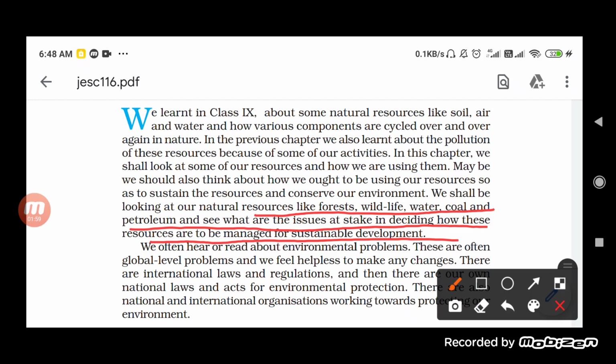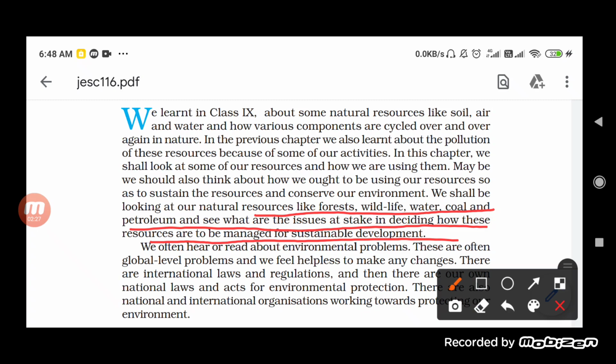Here, sustainable development is the development which helps in fulfilling human needs on a current basis, as well as preserving these resources for the needs of the future generation. This management, this development, is called sustainable development.